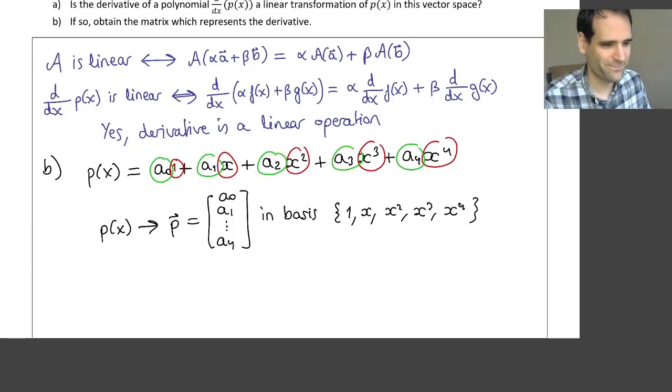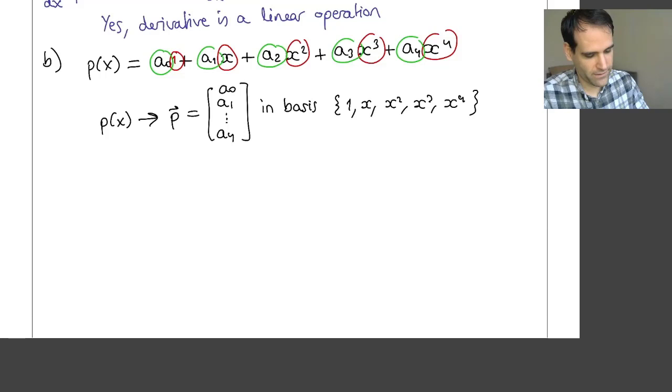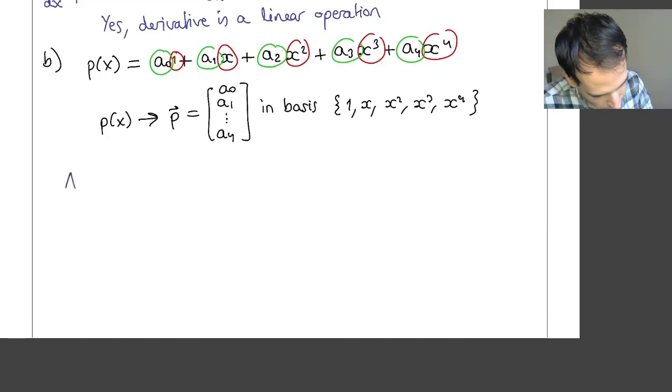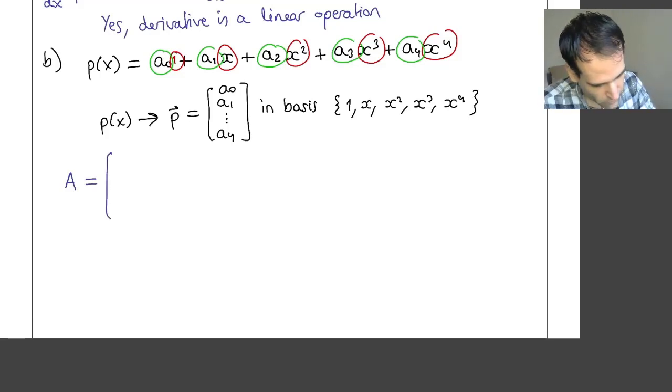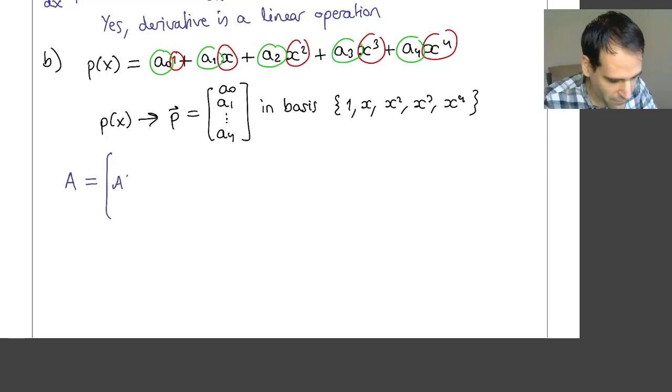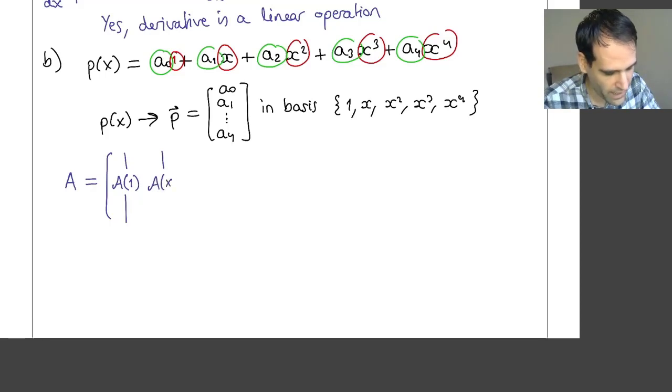So let's do it. This time we are not in the x hat, y hat basis. So in order to find the matrix A, which represents the derivative, what we need to do is find the different columns, which are the transformation, in this case the derivative, applied to each of the basis vectors. So the first column will be the transformation applied to the basis vector 1. The second column will be the transformation applied to the basis vector x.